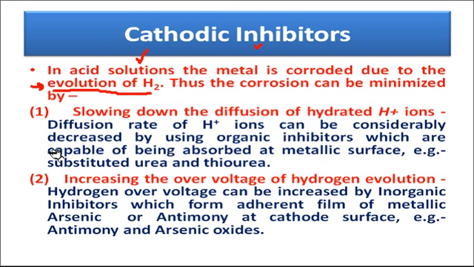This can be done in two ways. Either we can slow down the diffusion of hydrogen onto the metal surface, or we can increase the over voltage of hydrogen. To minimize the hydrogen diffusion, we can use organic inhibitors, while to increase the over voltage of hydrogen, we can use inorganic inhibitors like antimony and arsenic oxide. So in this way, we can minimize the cathodic reaction in the acidic medium.